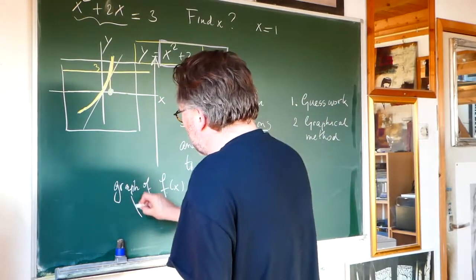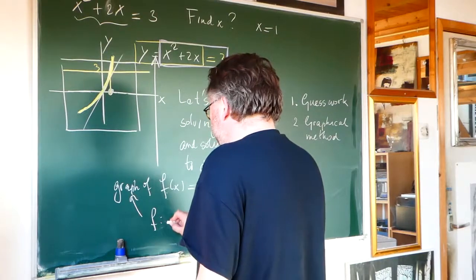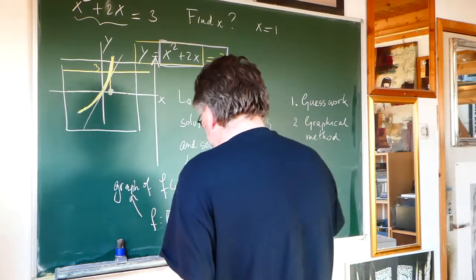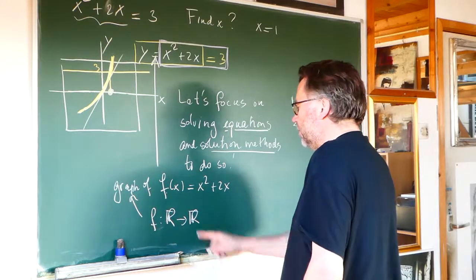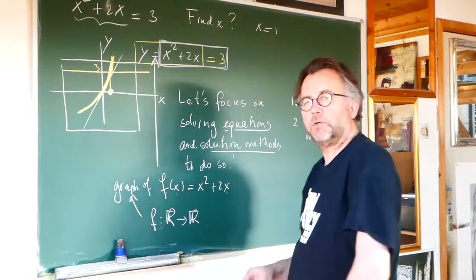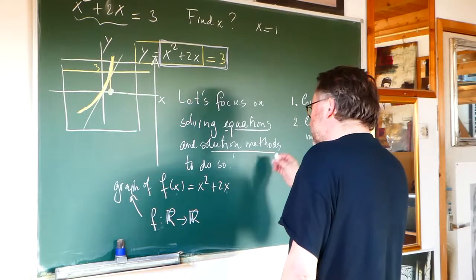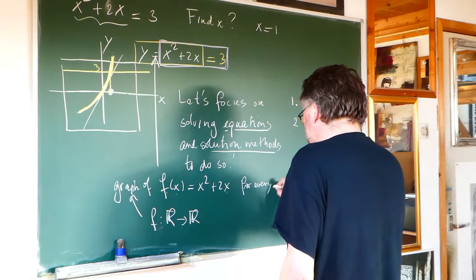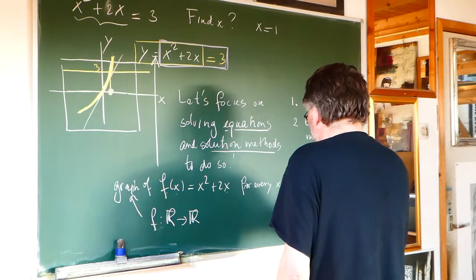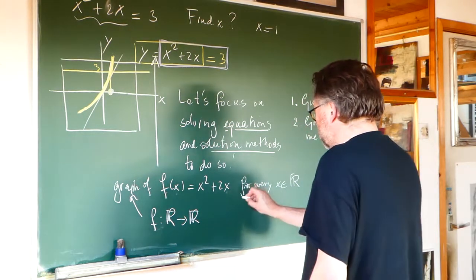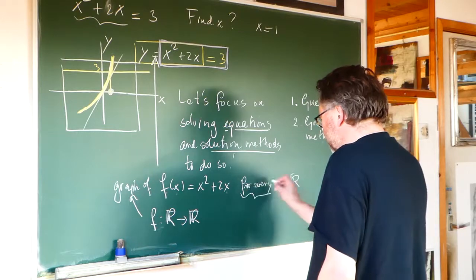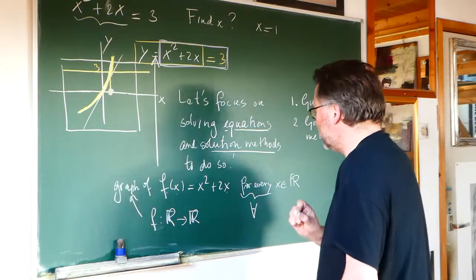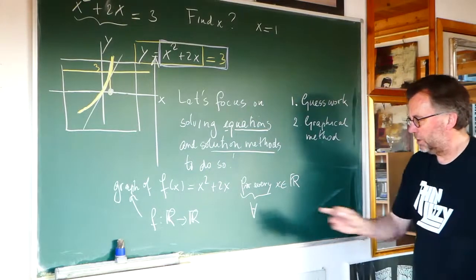So it's really the graph of the function f from the real numbers to the real numbers, which is defined by f of x being equal to x squared plus 2x for every x in R.